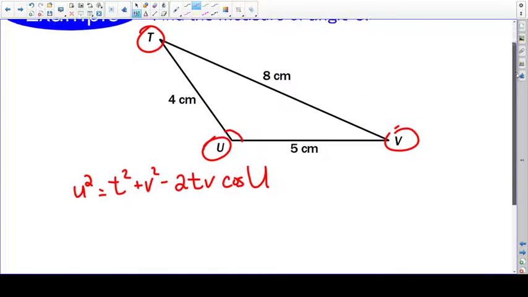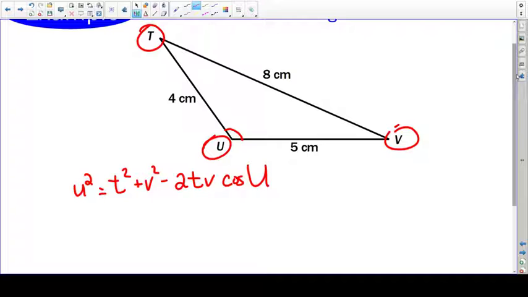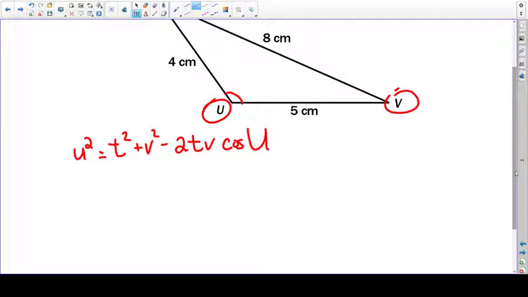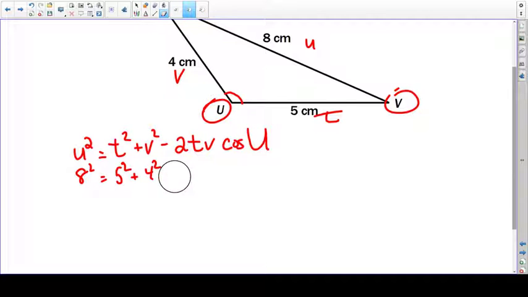Now in this case, we know all 3 sides and we're looking for the measure of angle U. So we're going to plug in those sides. This is U, this is V, and this is T. So U is 8. That's 8 squared. T is 5. V is 4. Oopsies, that's not an equal sign.